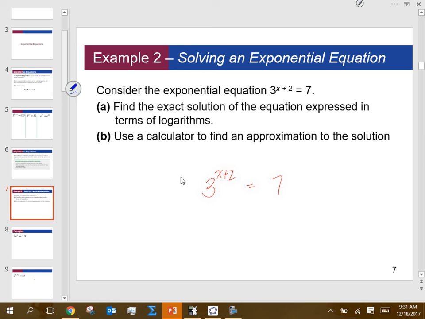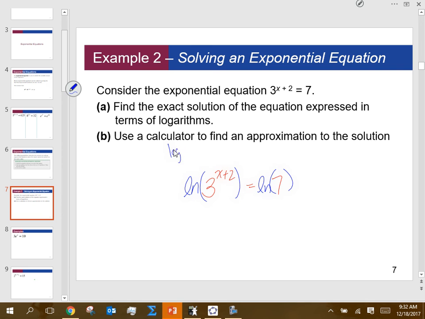Okay? But once you isolate this, you're going to take the natural log of both sides. Remember, you can do anything you want to an equation as long as you do it to both sides. So I'm going to take the natural log of both sides. Well, if I do that, what's nice is that this on the left-hand side now became this rule.